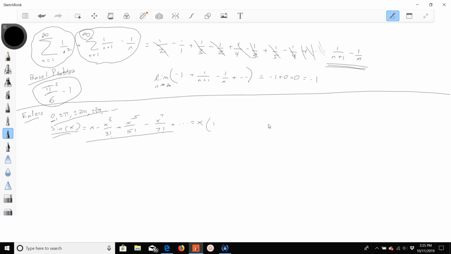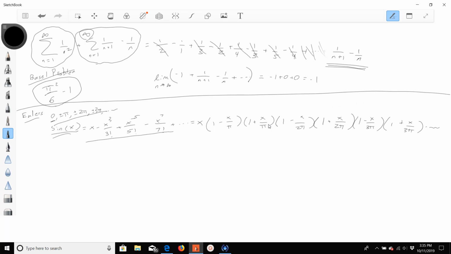Times 1 minus x over pi times 1 plus x over pi times 1 minus x over 2 pi times 1 plus x over 2 pi times 1 minus x over 3 pi times 1 plus x over 3 pi dot dot dot, and then you'd have a times 1 minus x over 4 pi, yada yada yada.